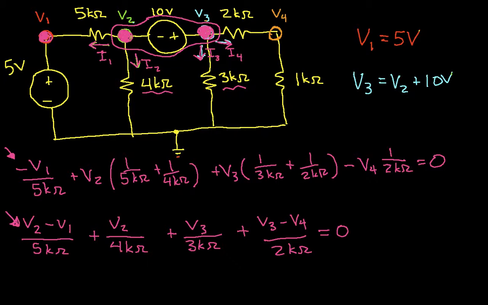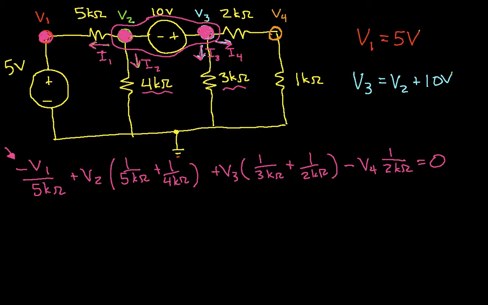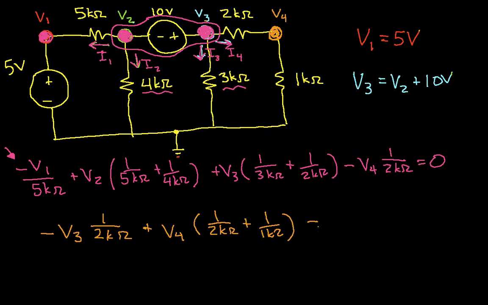Okay, so now I have two equations that I've gotten from my supernode. The last thing to do is get an equation at node 4, at this node right here. And that equation will be minus V3 times 1 over 2 k ohms plus V4 times (1 over 2 k ohms plus 1 over 1 k ohm) is equal to 0.